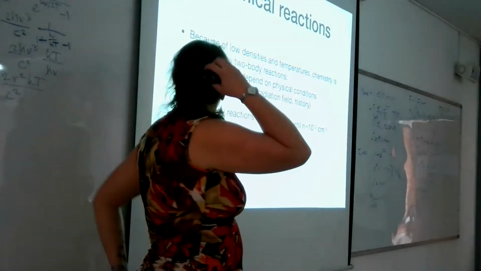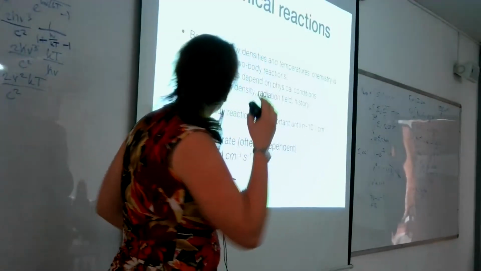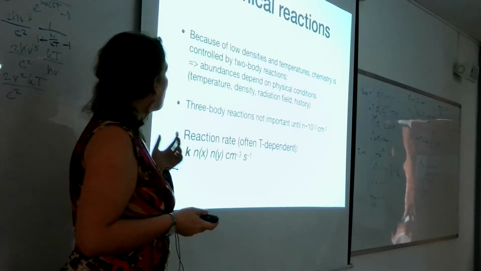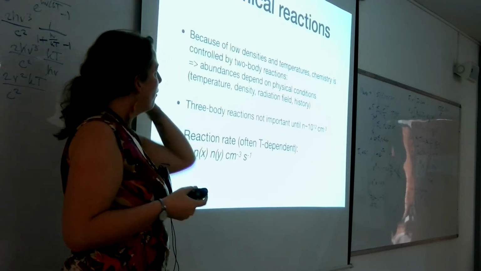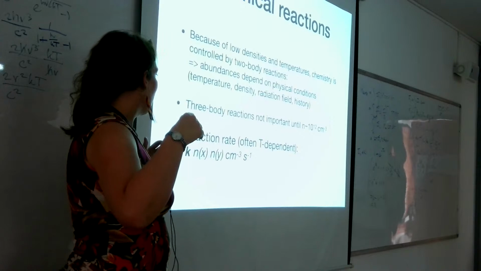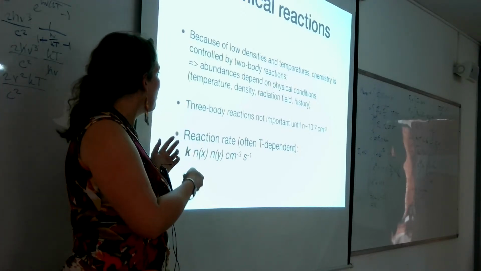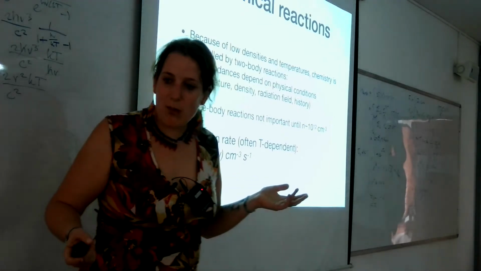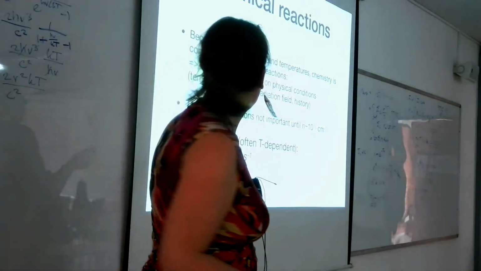Okay. So chemical reactions. Because of the low densities and also low temperatures, chemistry is controlled mostly by two-body reactions. You don't really have significant three-body reactions. I had a slide with densities, but I think that's skipped over.